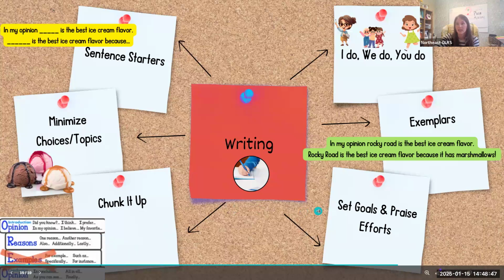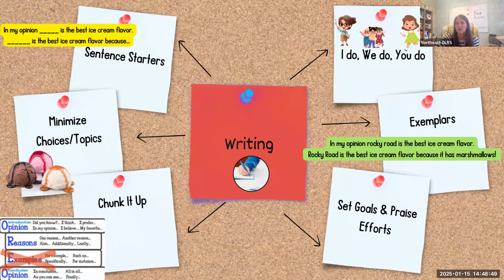Setting goals and praising efforts in writing. Working with students so that they can set those goals is important. Also praising those efforts. We're not essentially looking at whether they got a 100 or how correct their work is.